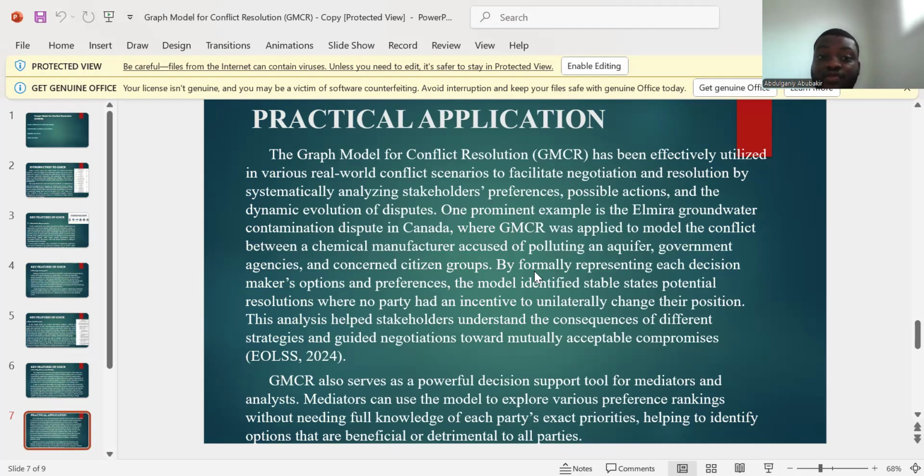But for this example, no one was able to move from the existing strategy to another strategy. So it was all in equilibrium. There was no transition. The strategies, the actions were combined, and it brought about a well-detailed resolution for the conflict.